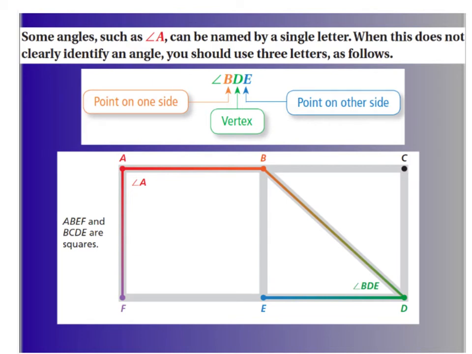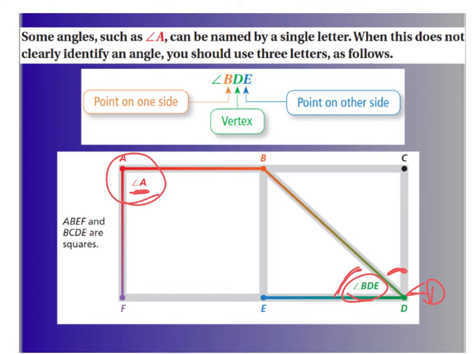So some angles, such as angle A, which we have right here, can be named by just a single letter. When it does not clearly define an angle, then you're going to use all three letters, like this one down here, angle BDE. If I just say angle D, you don't know if I mean this one or this one.